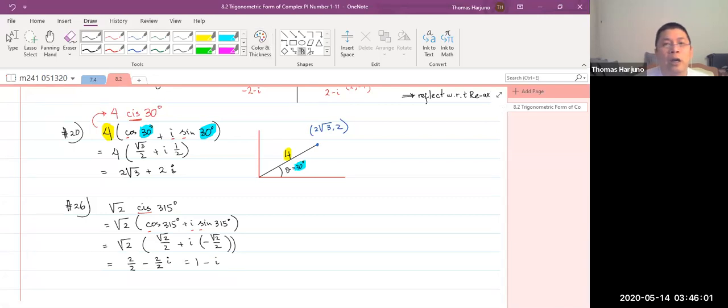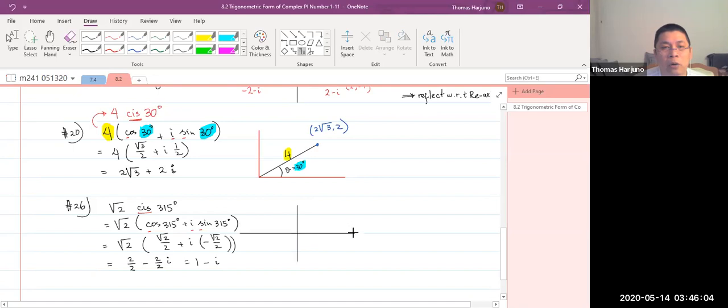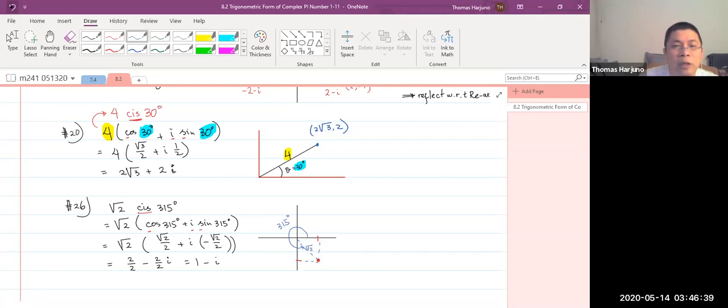When I sketch that on the rectangular coordinate system, the point 1 minus I will be here. If you observe, the angle here is 315 degrees, and the length here will be square root of 2, because this is 1 here and another 1 here, right?